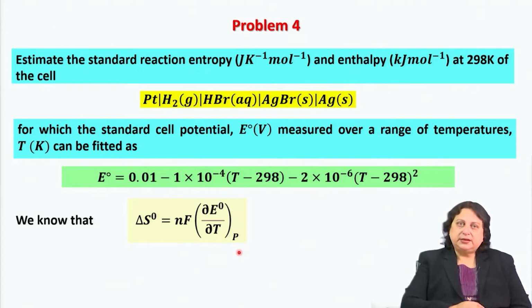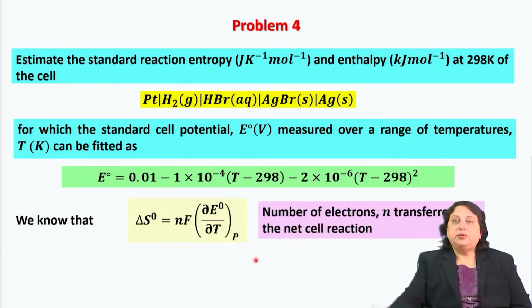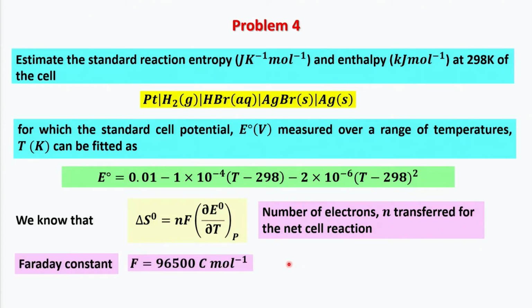Therefore, the required input for the calculation of the standard reaction entropy is, first, the number of electrons transferred in the net cell reaction, second, the Faraday constant, which is 96,500 Coulomb per mole, and finally the temperature derivative of E naught, the cell potential. In this case it would be del E naught del T.